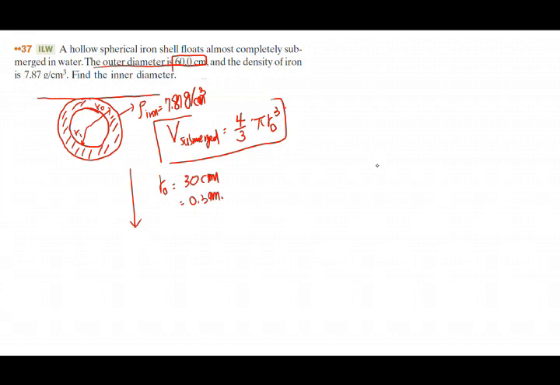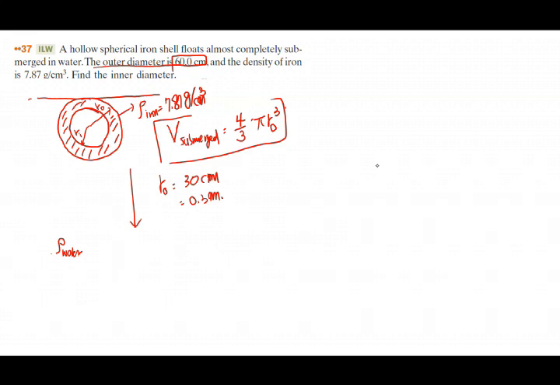Now, based on Archimedes' principle, the weight of the part of the water replaced by this spherical shell should be the same as the weight of this spherical shell.